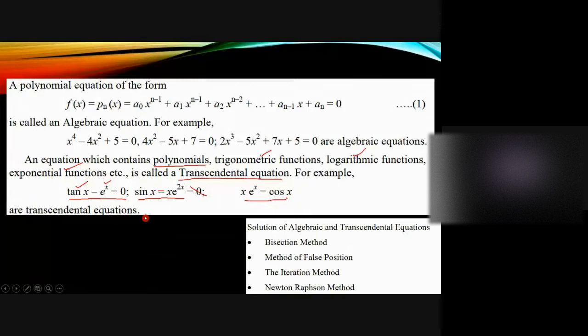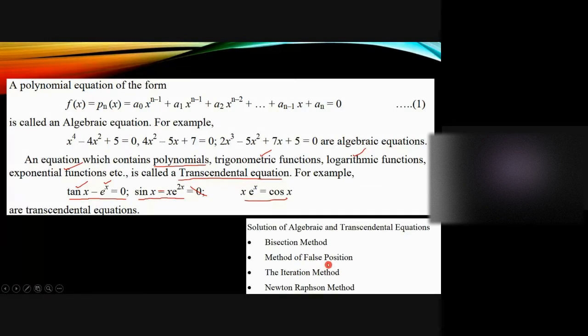Both the algebraic as well as the transcendental equations can be solved by a series of methods. It includes the bisection method, the method of false position, which is called the regula falsi method.